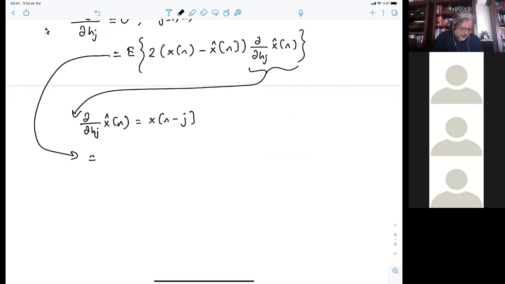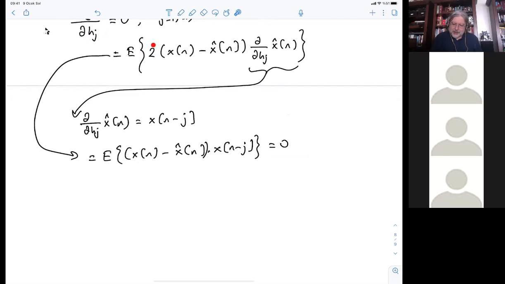That is, this one is equal to expectation of xn minus x hat of n times xn minus j. And this is equal to 0. You may ask what happened to this 2, but it is equal to 0. Therefore, 2 is just cancelled. The inside must be equal to 0. 2 can be taken out and it's equal to 0. So inside the expectation, we are left with this one.